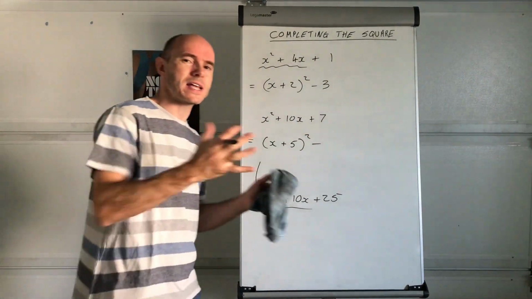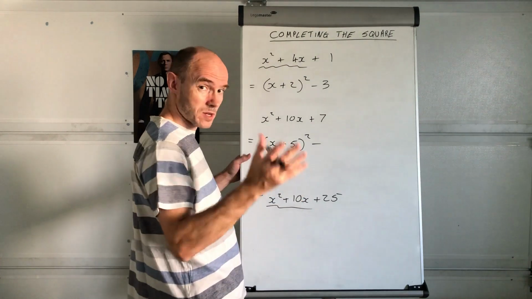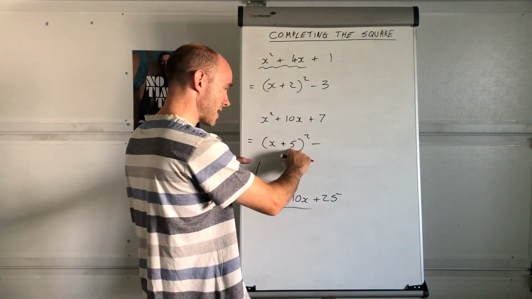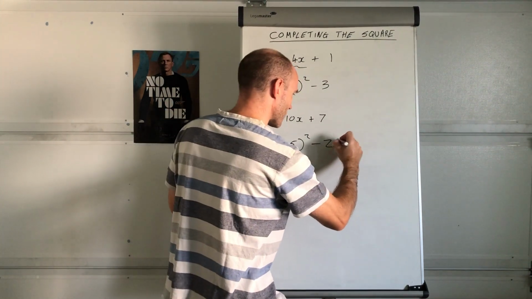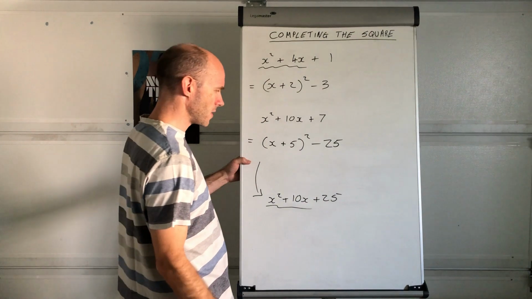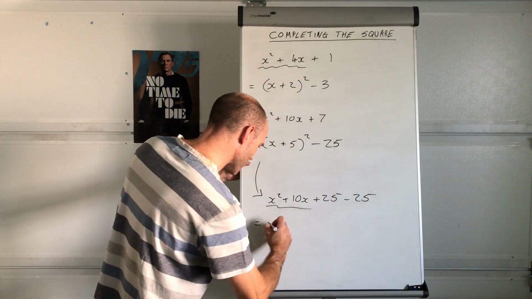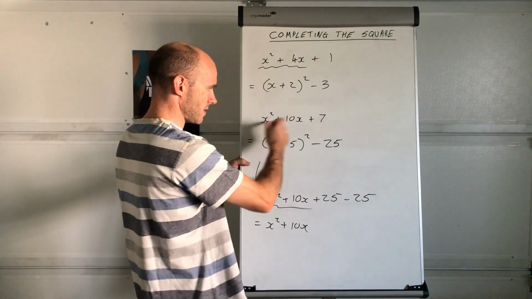Now, let me show you a slightly different way of doing it, which some people like to use when completing a square. We do x plus 5 all squared, but then the 25 we get from squaring that term, let's just subtract that straight away. Because if we subtract 25, what we end up with is x squared plus 10x, which is exactly what we had.